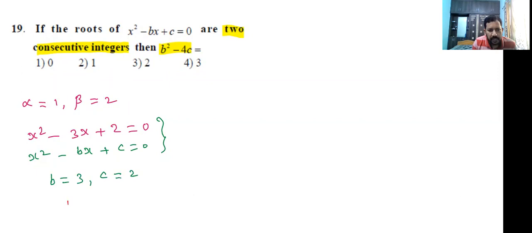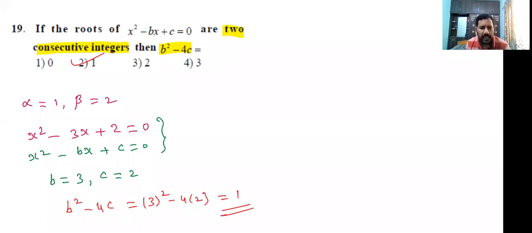Now verify the b square minus 4c value. How much? b square means 3 square, that is 9, minus 4 into 2, 8. 9 minus 8, how much? 1. Second option correct. By verification method, I am done.